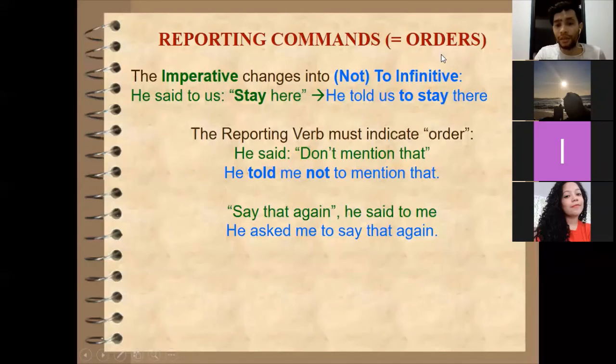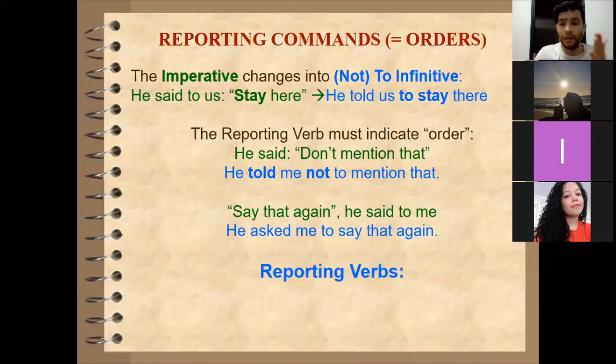Ahora, las órdenes y, justo como en este caso que tengo aquí, las requests, aunque no todos, las órdenes son órdenes, right? Orders. Y los requests, que serían las peticiones, también se usan de esta manera, especialmente las peticiones con ask. Ahora les voy a escribir cuáles son los verbos que se usan de esta forma. All right? So, is this clear?